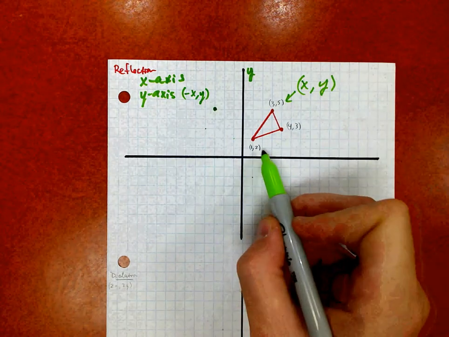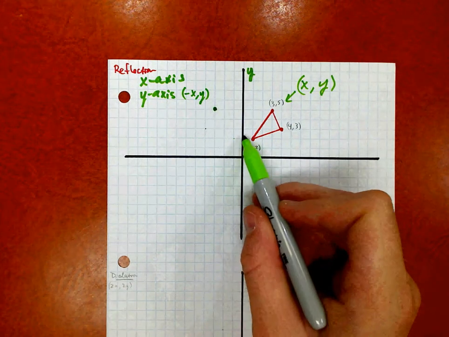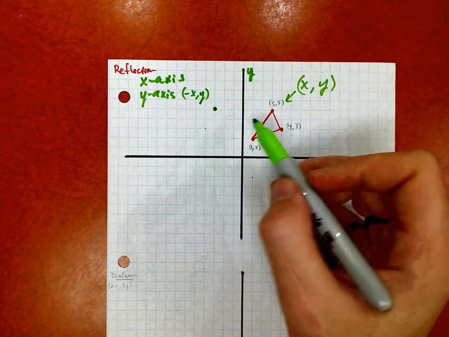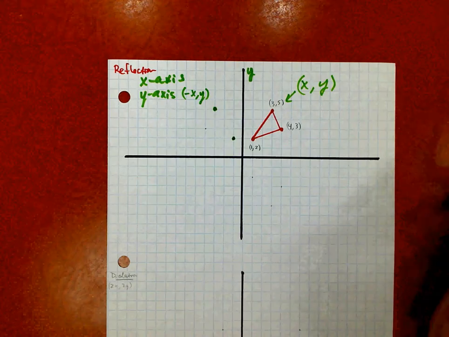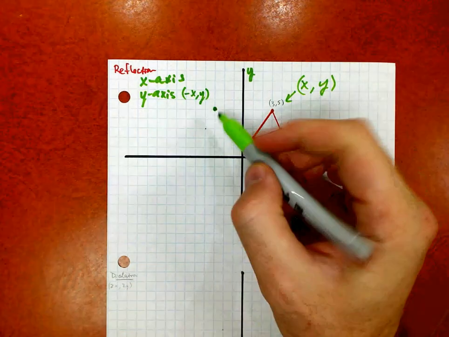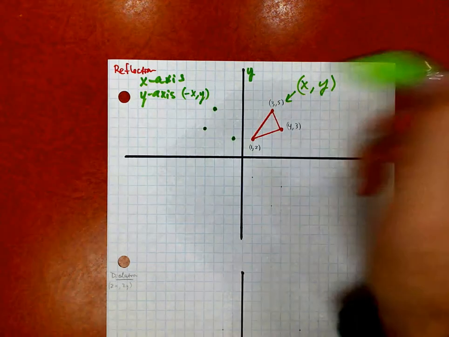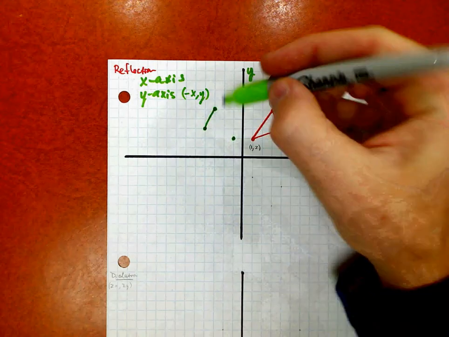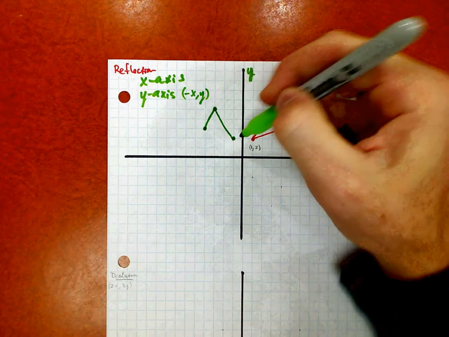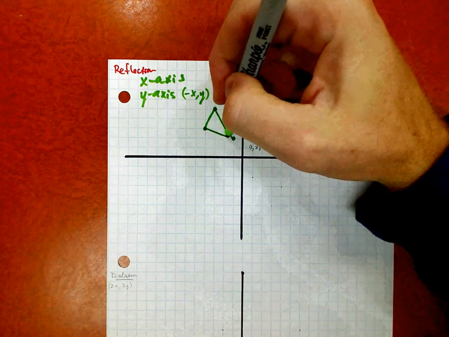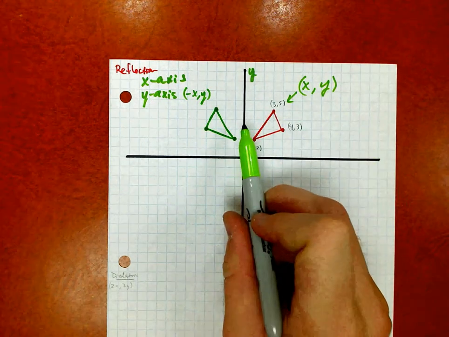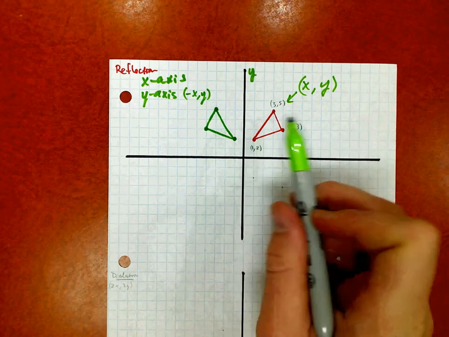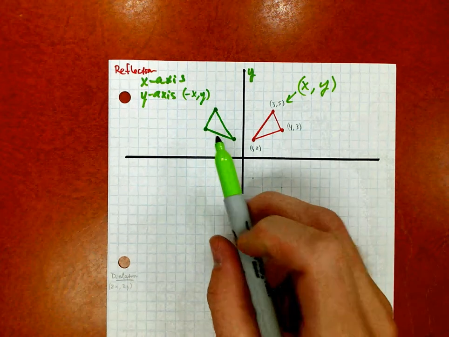Instead of 1, 2, the reflection across the y-axis is negative 1, 2. And the reflection of 4, 3 is negative 4, 3. And there you can see reflection across the y-axis is just acting as if the y-axis was a mirror, and we mirrored this image over it.